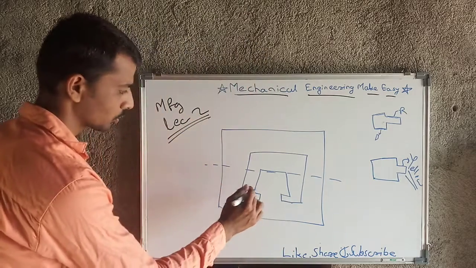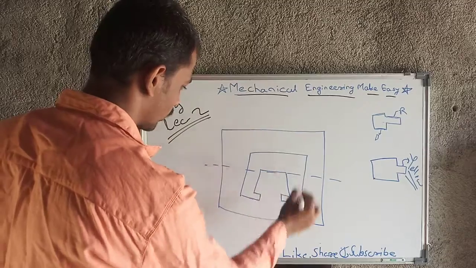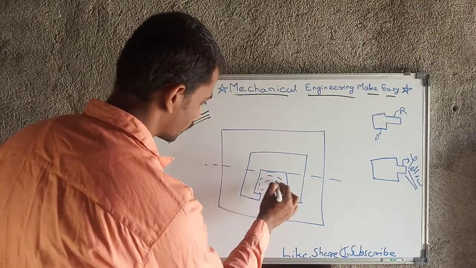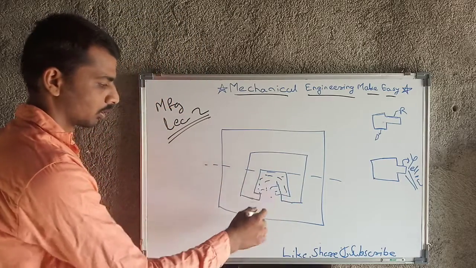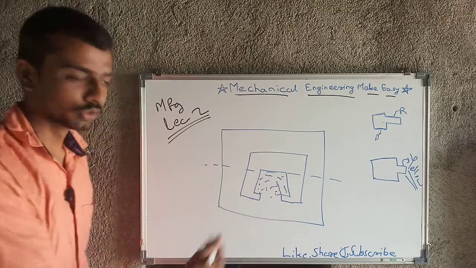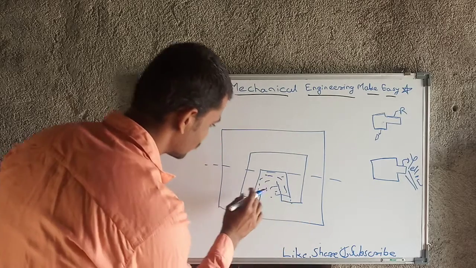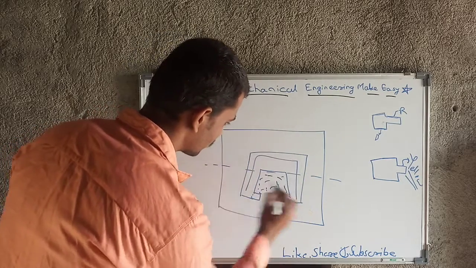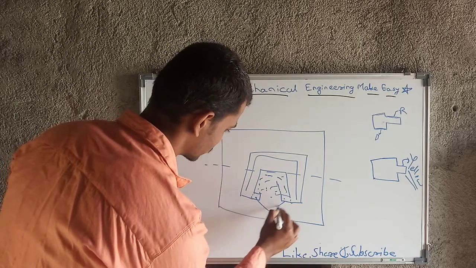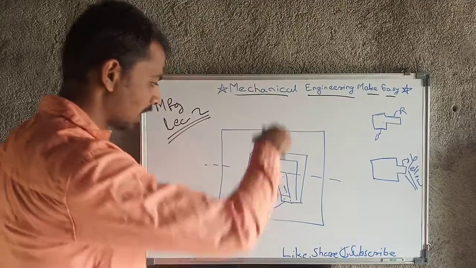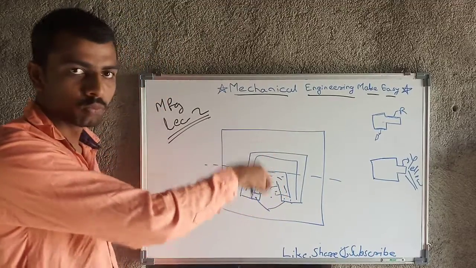So if we design the pattern directly with this kind of shape, then the sand which is present here is going to collapse. Okay, so what we will do, we will make the pattern likewise, means this section will be separate and these two sections will be separate. These sections will first be fitted on those sections, after that this pattern will be moved there.